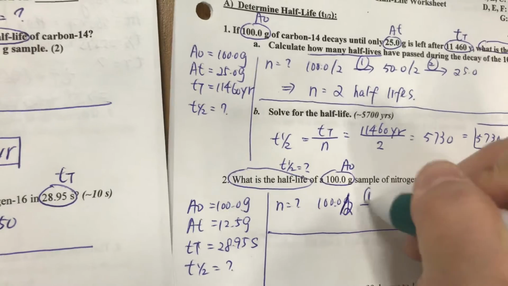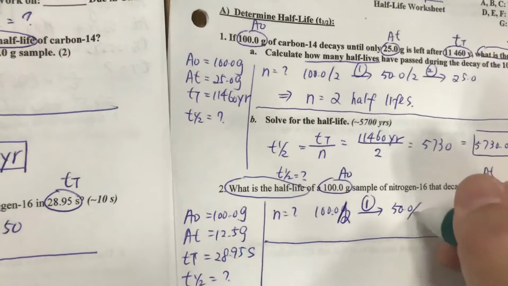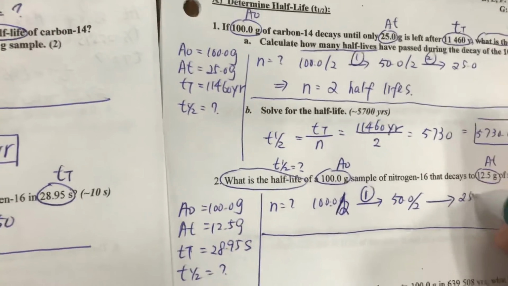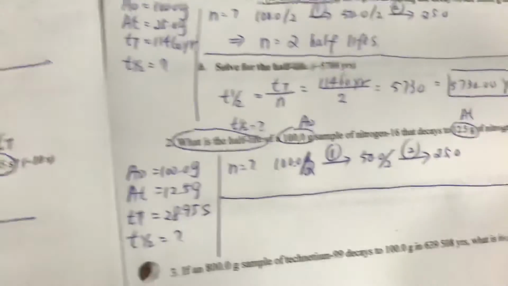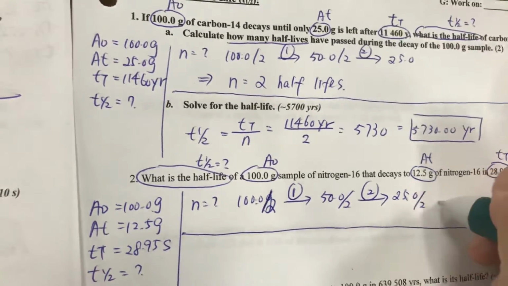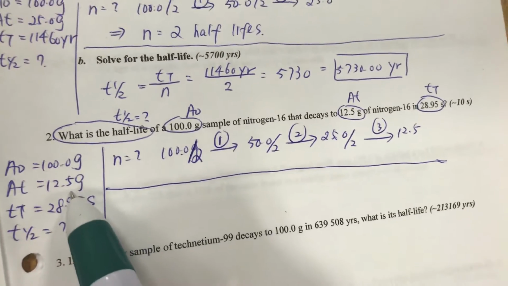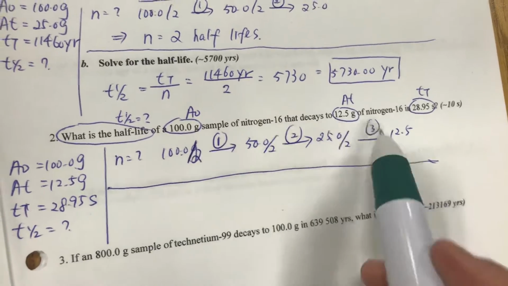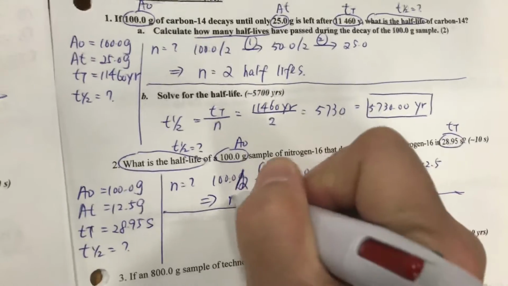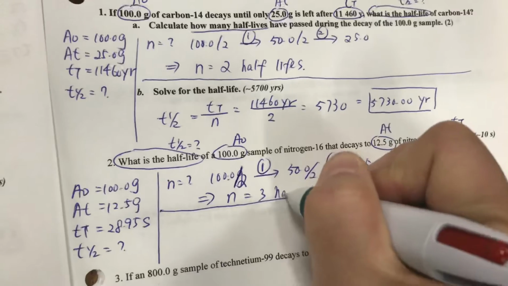So it's 1 half-life, and we continue to divide by 2 to get 25.0. This is my second half-life, and we continue to divide by 2 to get my 12.5 gram, third half-life, because I need to get 12.5. So I pass 1, 2, 3. That means my n is 3 half-lives.